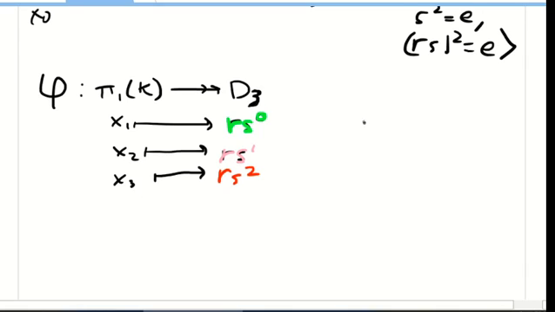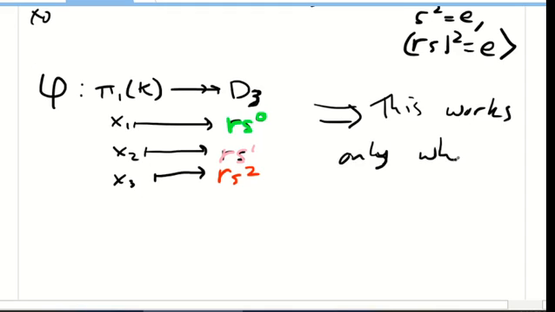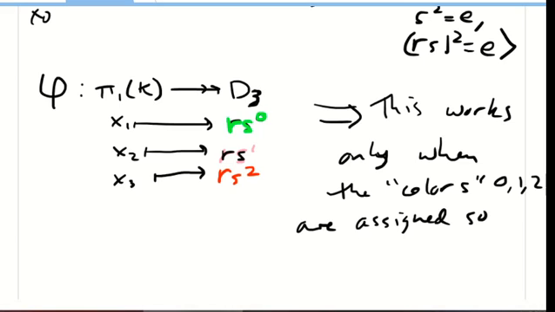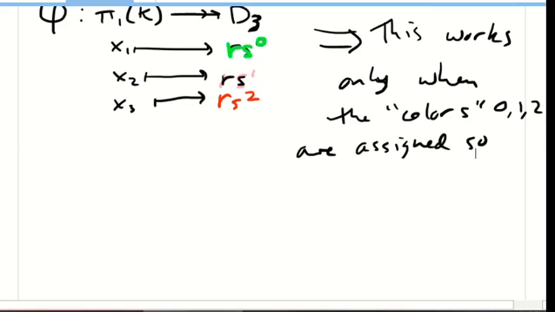This works only when colors, say 0, 1, and 2, are assigned to the diagram so that at every crossing there is either all the same color or all different colors.